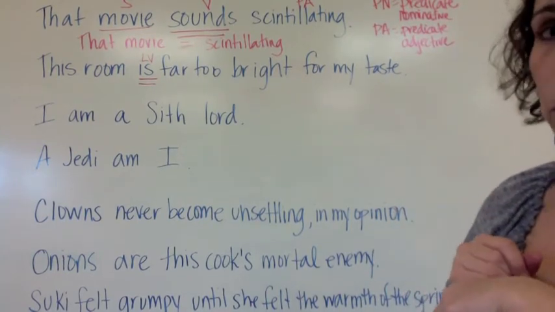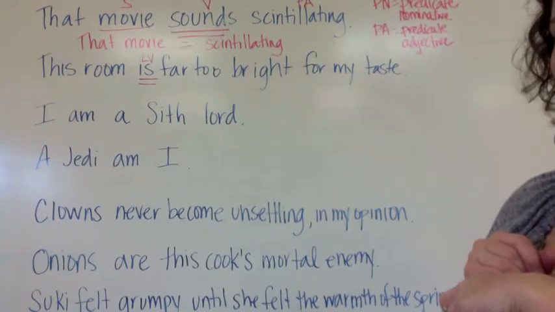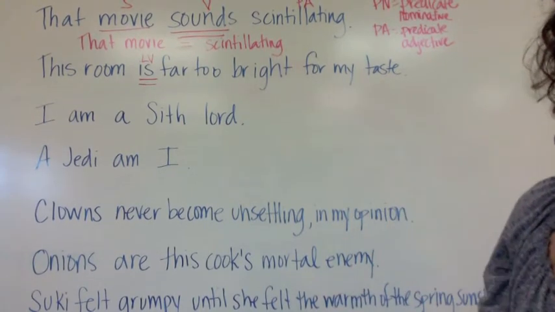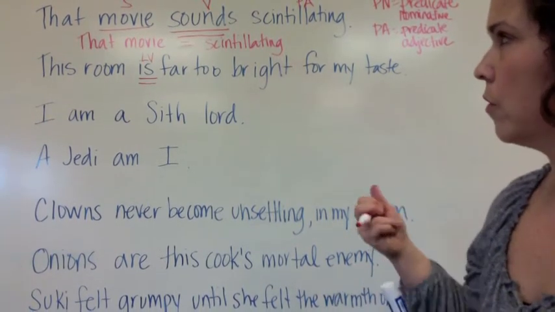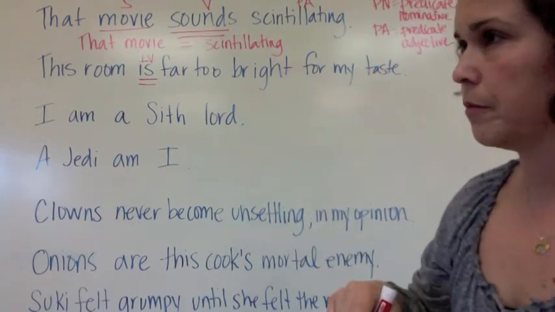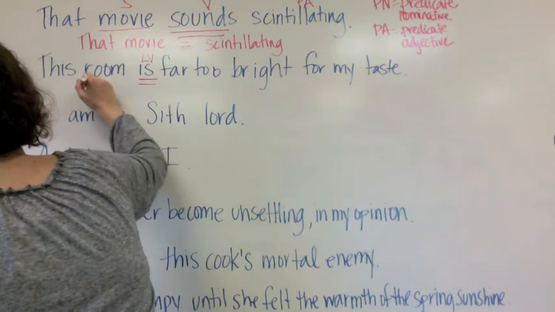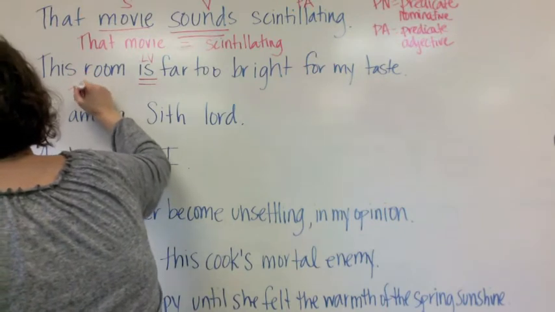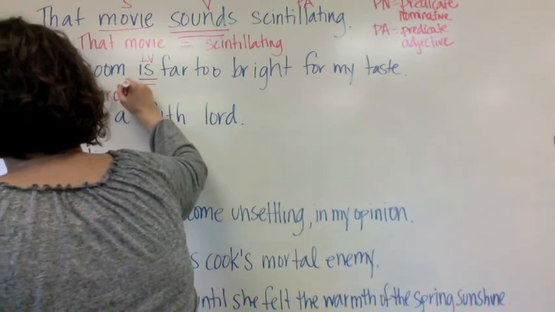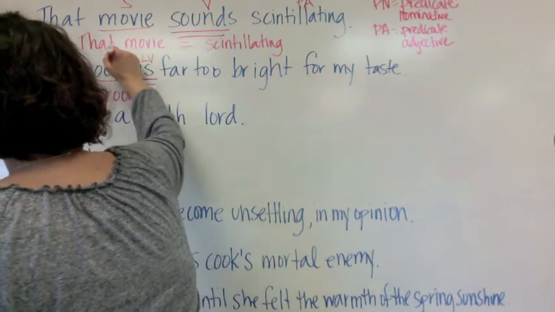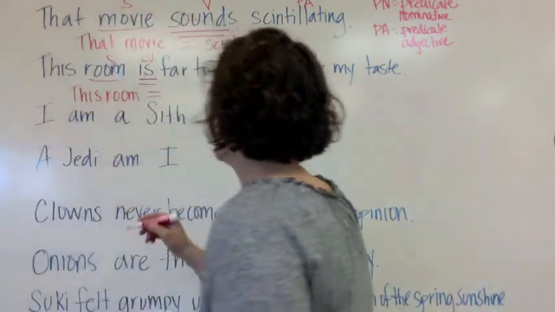It can be a helping verb, but in this case it is a linking verb. Okay, so what's being linked to what? What's the subject first? The subject is room. Okay, so this room equals what?